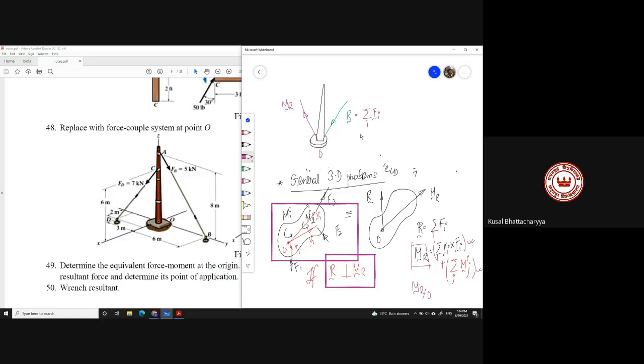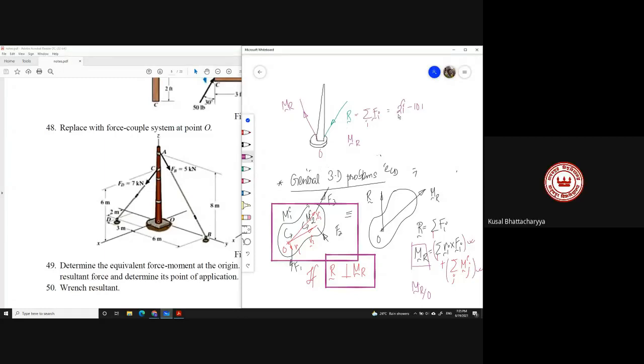Sir, the R is coming 2y minus 10k, and the torque is minus 6i plus 12j. Sorry, not reaction, the resultant force is just 2y minus 10k. Yes, sir.